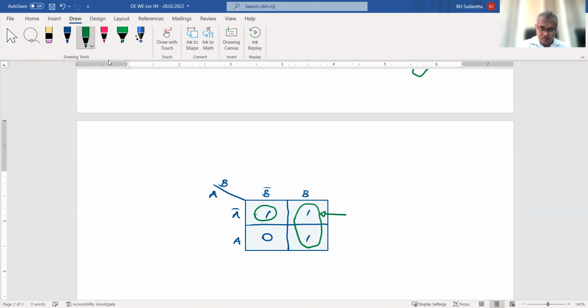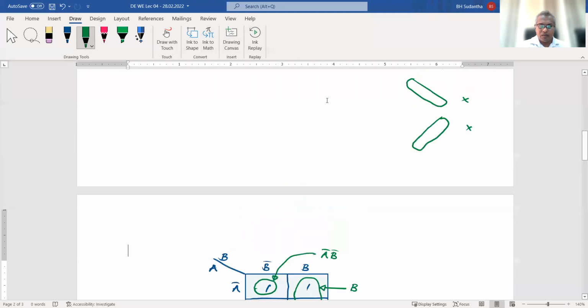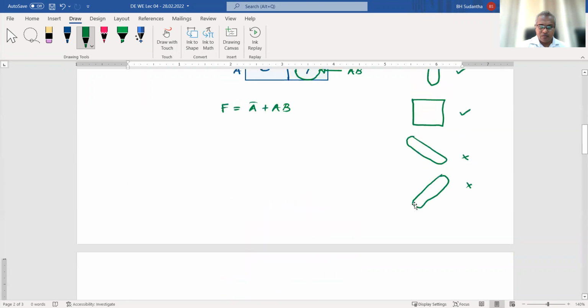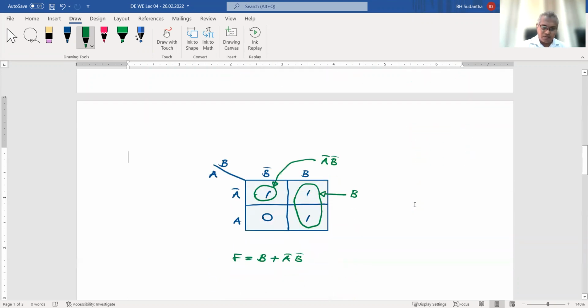Then try to give a name. If it is possible to give a name, that means we have done the correct thing. This is B. Then what is this? This is A bar B bar. Then the new equation for the second Karnaugh map: the previous one, you may remember, is A bar plus AB. Now this time it is B plus A bar B. Different equation, but function-wise both are giving the same thing.